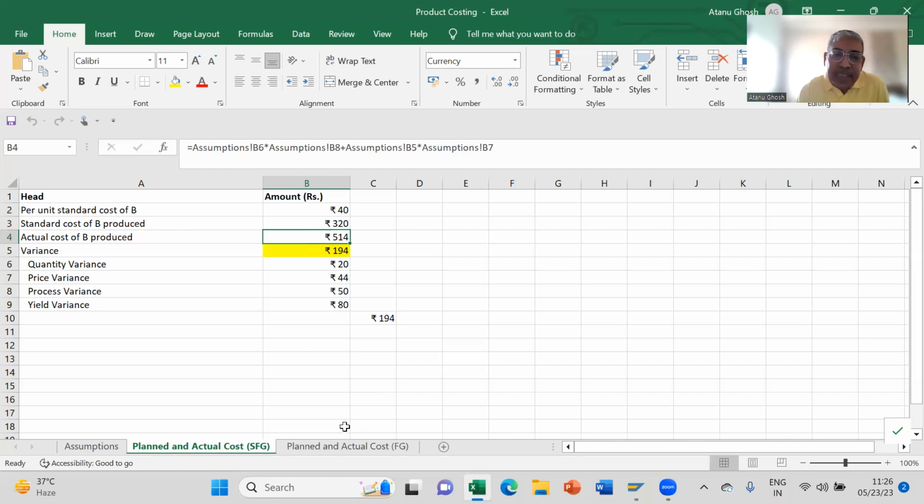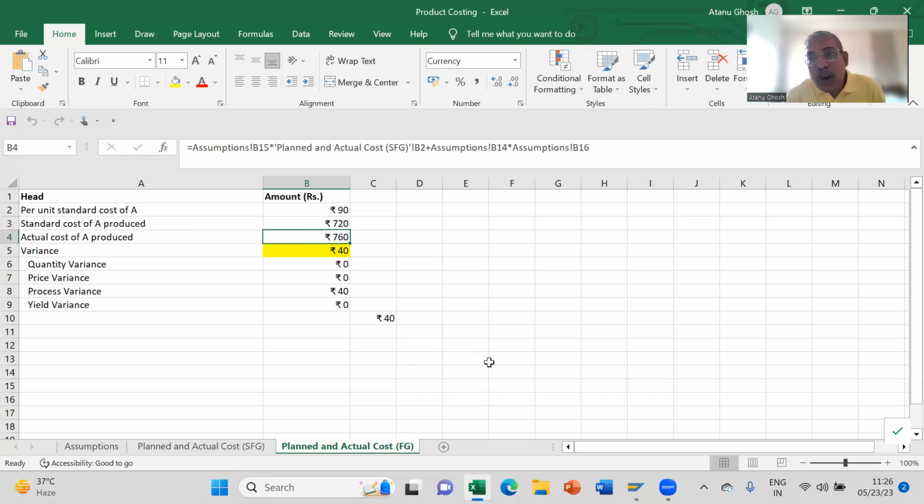But in standard cost principles, you do not take the actual cost of the input material. If the input material is a semi-finished good, you take the standard cost of the input material, which in this case is 40. So 40 into 8 plus 55 into 8. That will be 760. That is the actual cost of A produced.